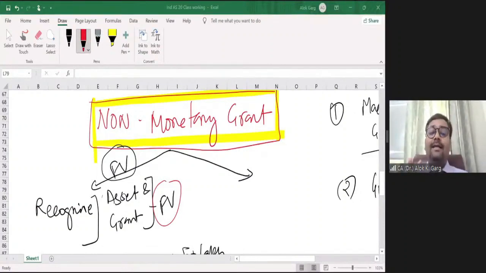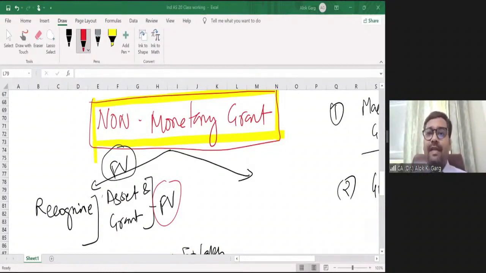Like a concessional rate: if the loan has been taken at a concessional rate, the difference between the market rate and the concessional rate is treated as a grant. This concept was not there in AS 12. This is there in Ind AS 20. So that kind of differences are there. But as far as this portion is concerned, it is almost the same as AS.